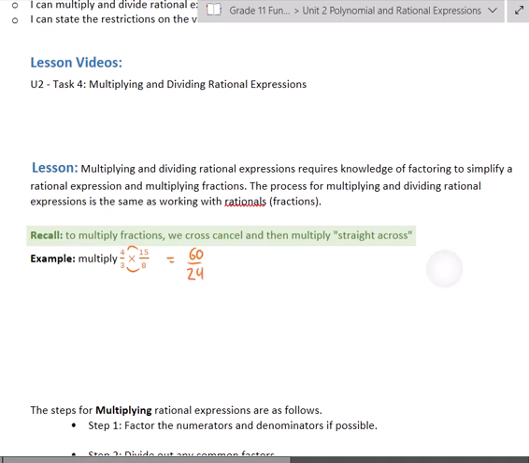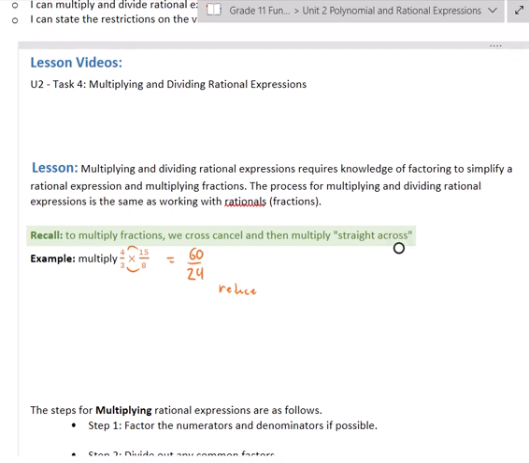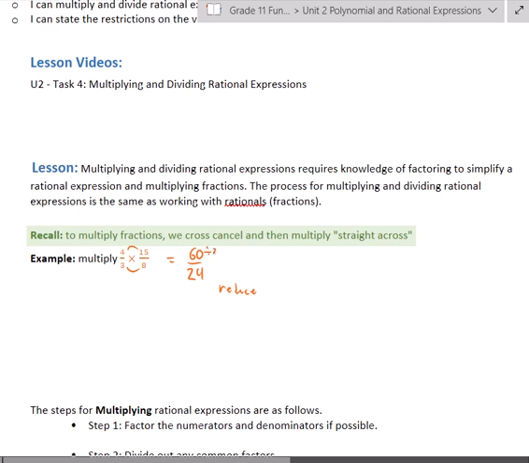And then we would reduce this fraction by finding the greatest common factor between 60 and 24, that would be 12, so you could divide both values by 12, and then that would give you 5 over 2. So in this example, we multiplied and then divided to reduce. You can also cross-cancel.